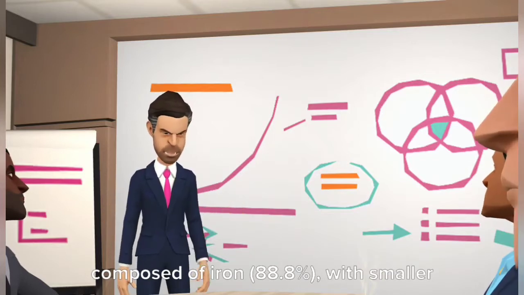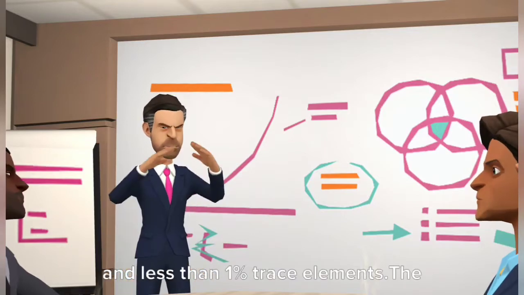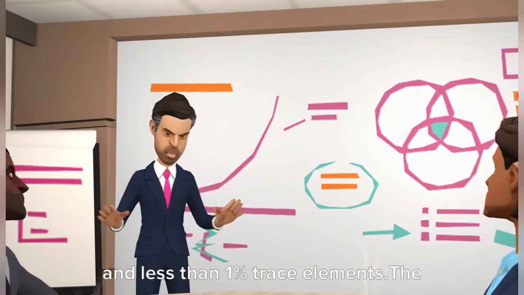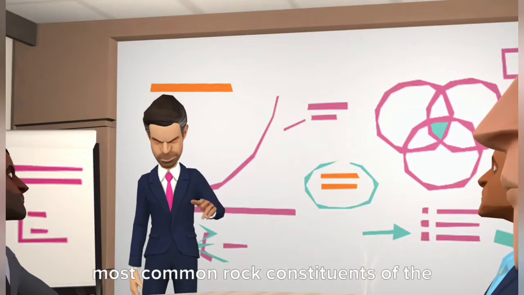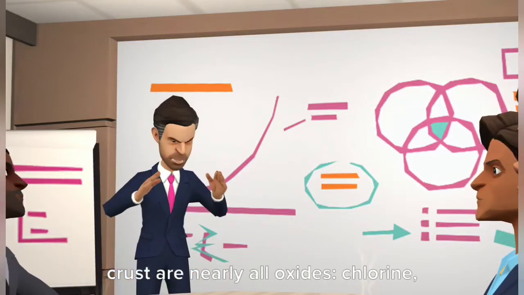Due to mass segregation, the core region is estimated to be primarily composed of iron 88.8%, with smaller amounts of nickel 5.8%, sulfur 4.5%, and less than 1% trace elements.